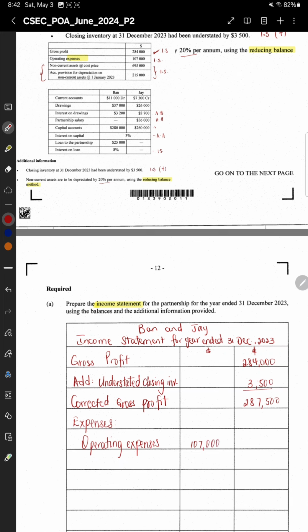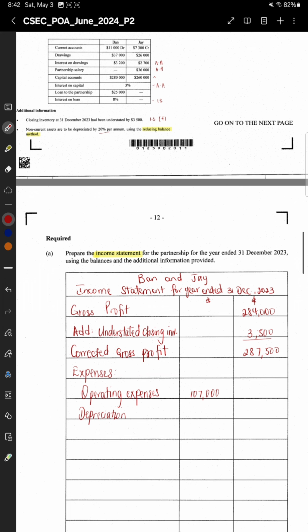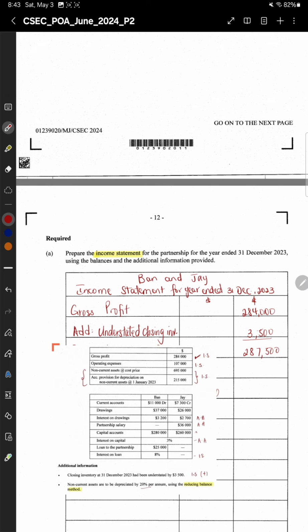Our next item is depreciation. Depreciation, we will calculate that at the bottom here in a few. And after that we have loan interest, which has to be calculated as well. So let me move this back.